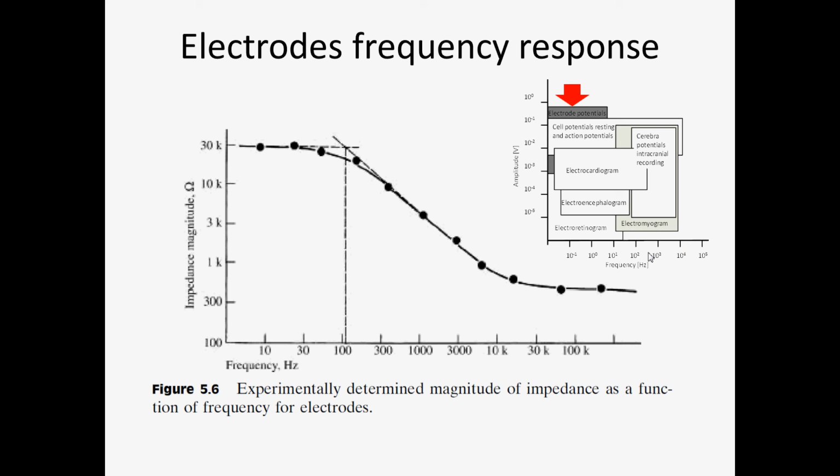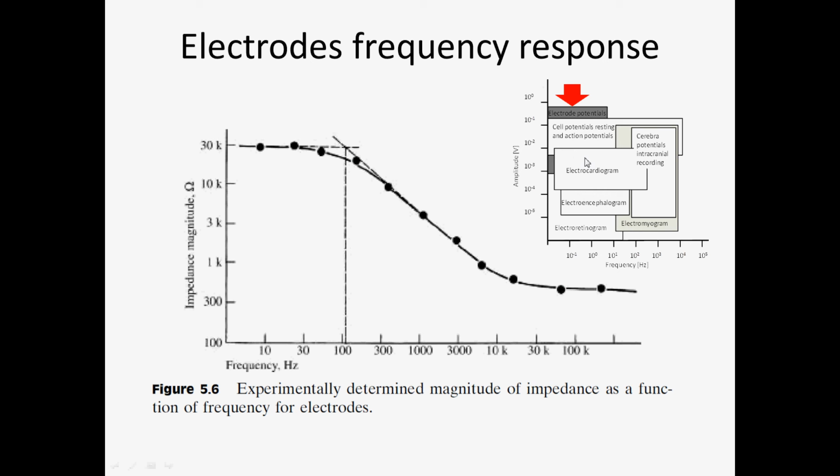So for example, electrode potentials are in this dark gray region, and you see that they actually have values that are larger than every physiological signal, because they sit up here in the voltage scale.